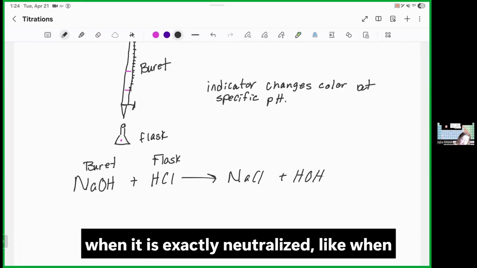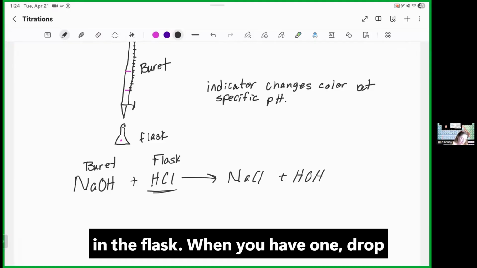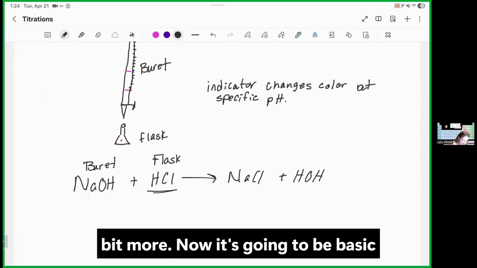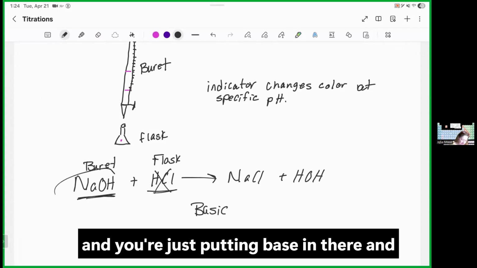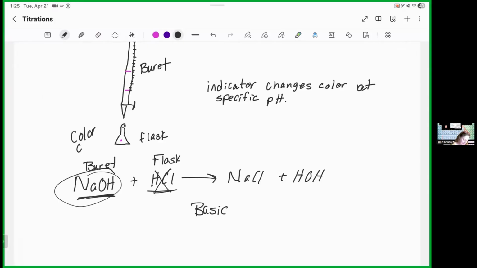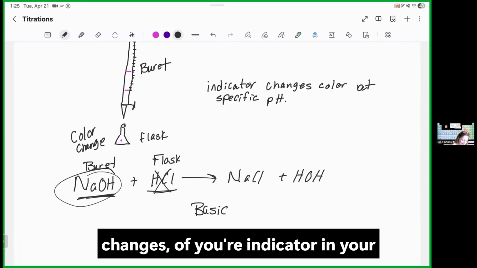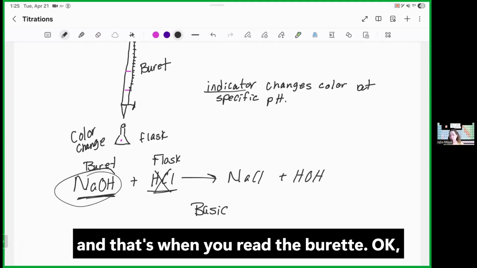When it is exactly neutralized, and you have one drop more of the sodium hydroxide, just a tiny bit more, now it's going to be basic because you've used up all of your acid and you're just putting base in there, and you're going to get a color change. So you're going to know when the color of your indicator in your flask changes that your titration is finished, and that's when you read the burette.